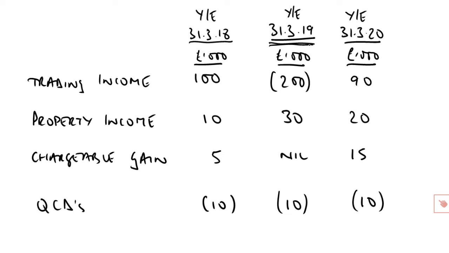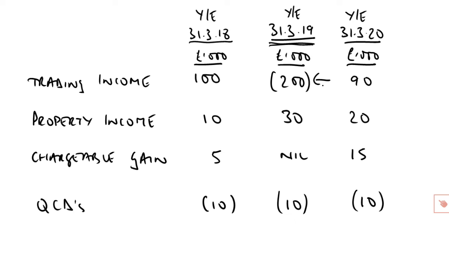What is the maximum amount of loss that may be surrendered in a group relief claim? Go back and look at what we've just emphasised time after time. Any part of a current period trading loss is eligible for group relief. So there you go. It is all of that 200.